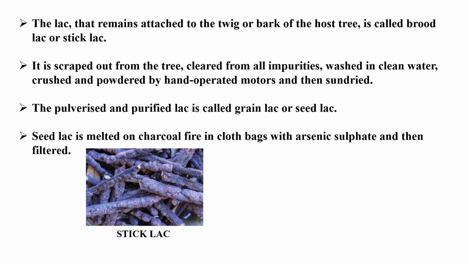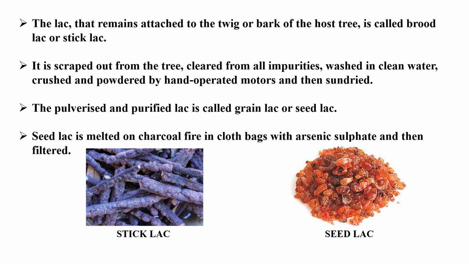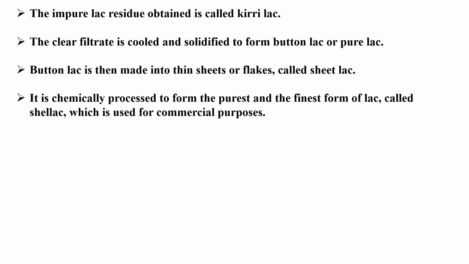Seed lac is melted on charcoal fire in cloth bags with arsenic sulfate and then filtered. The impure lac residue obtained is called kiri lac. The clear filtrate is cooled and solidified to form button lac or pure lac.